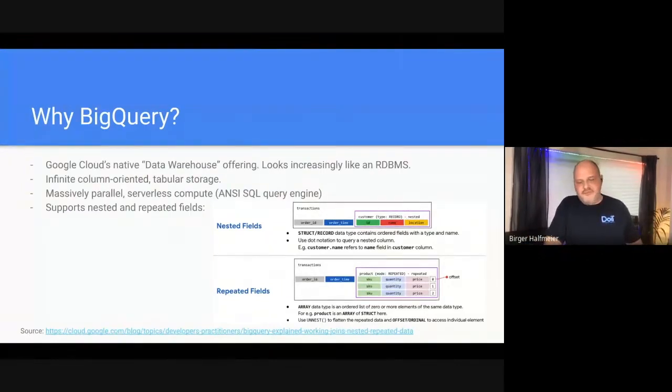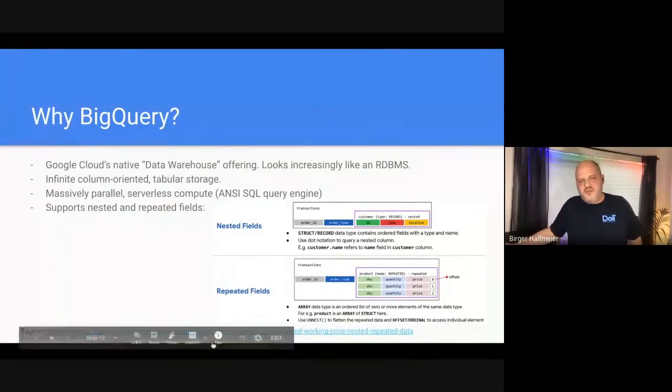Now you might wonder why, is it really such a big deal? There's a couple of different reasons for using it, but I would say the main benefit is when you combine it with the second feature on this slide, which is repeated fields. In other words, arrays. So in this example, your transactions table has an order ID, an order time, just like the one above.